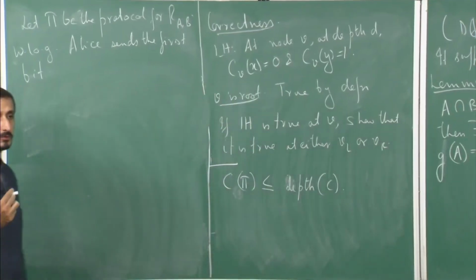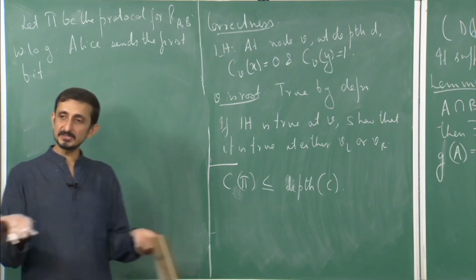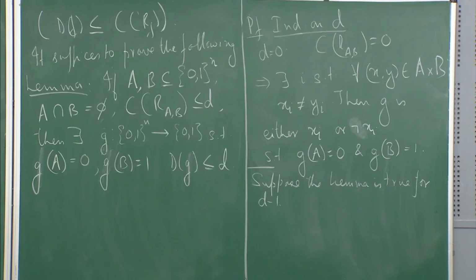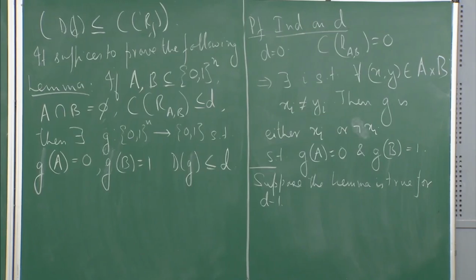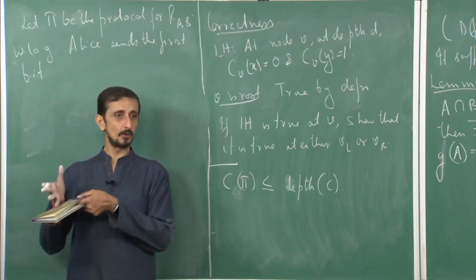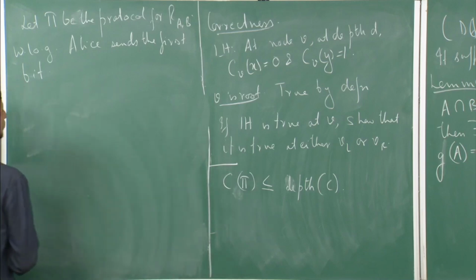Alice's bit can either be 0 or 1. What that does to the set A is that it partitions that set into two parts, A0 and A1, such that if x was from A0, Alice would have sent a 0, and if x was from A1, Alice would have sent a 1.